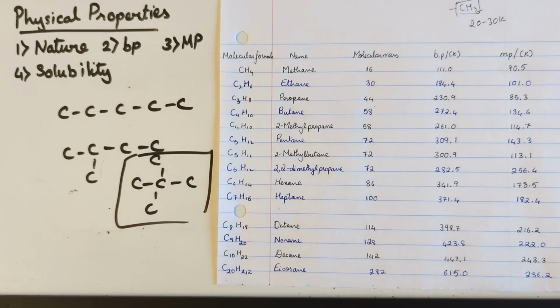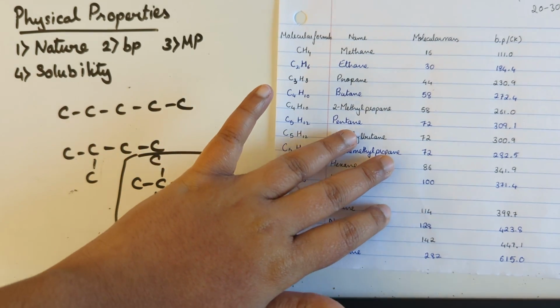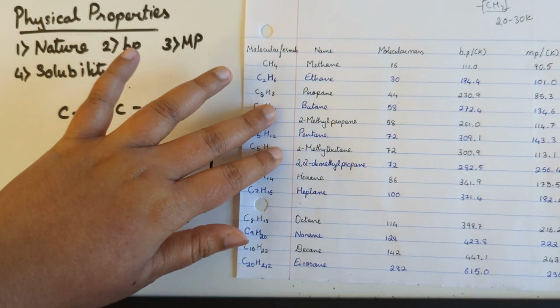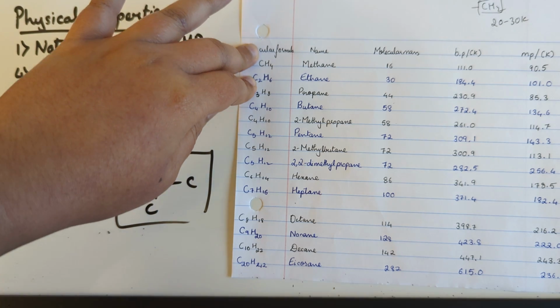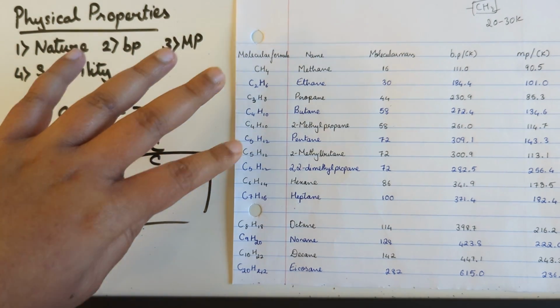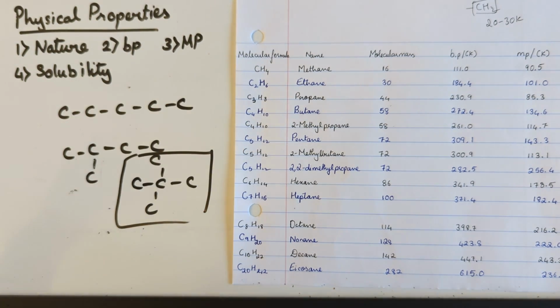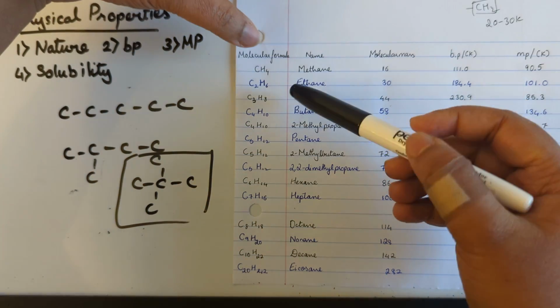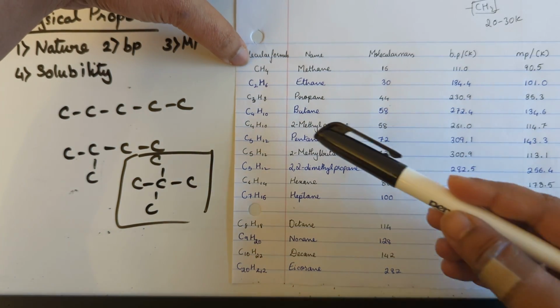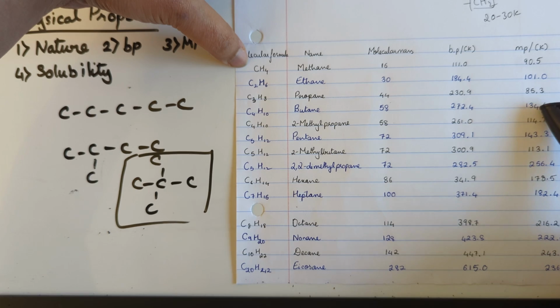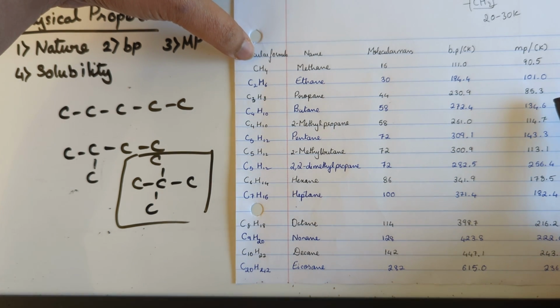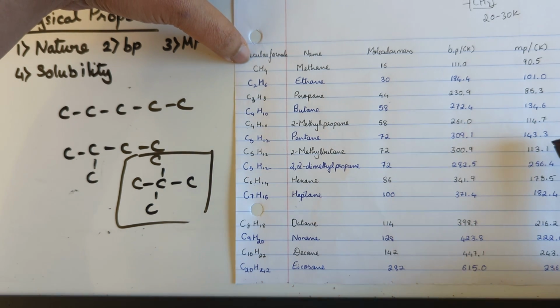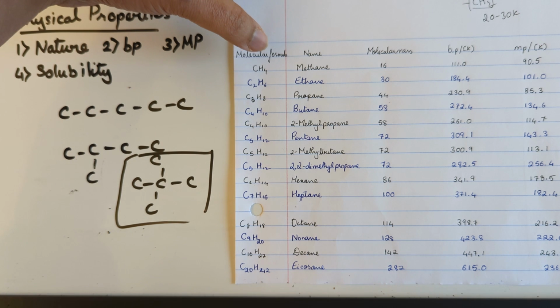But the reason they give is that even number carbon containing compounds like ethane and butane seem to be having a higher melting point than odd number carbon containing compounds like propane and pentane. Now if you see, ethane is 101.0, butane is 134.6, whereas propane is 85.3 and pentane is 143.3.